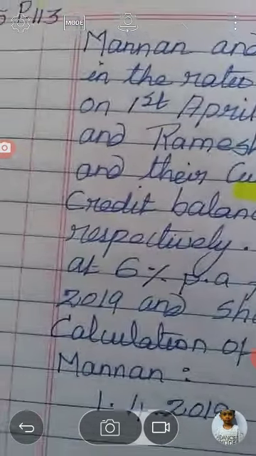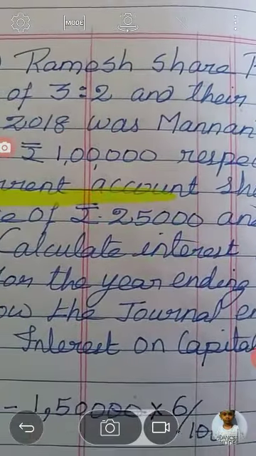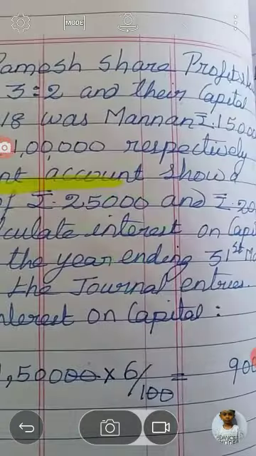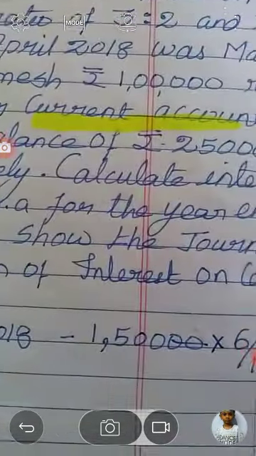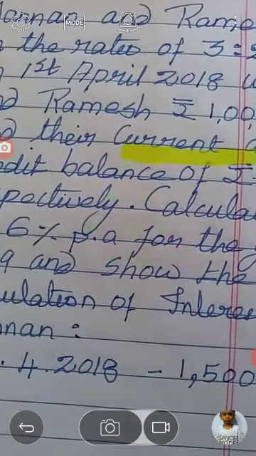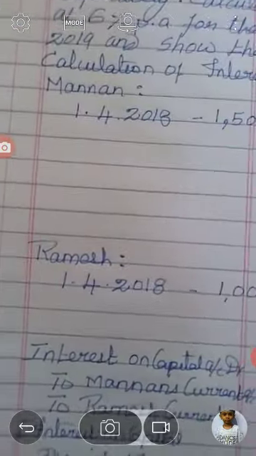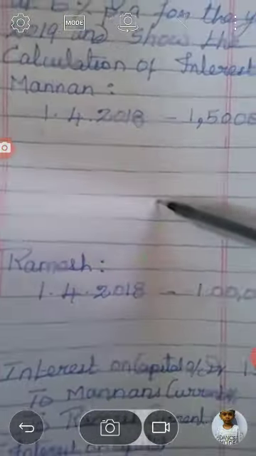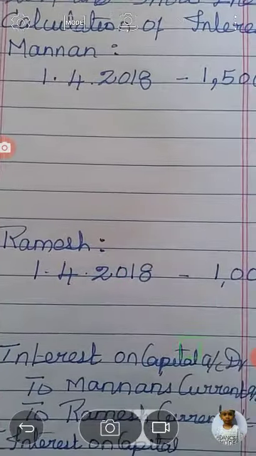1,50,000. In the sum, Mannan and Ramesh are partners sharing profit and losses in the ratio of 3:2, and the capital of Mannan is 1,50,000 and Ramesh is 1 lakh. So when did we commence business? 1st April 2018. So you have to put a date: Mannan 1/4/2018, leave some space, and Ramesh 1/4/2018.